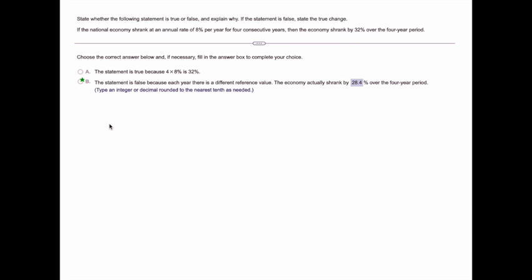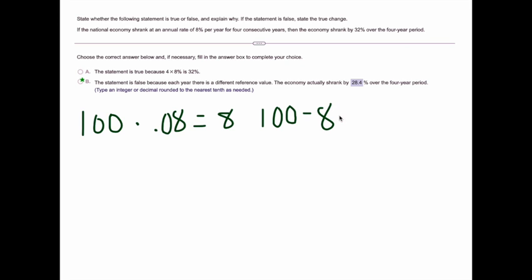Another way that you could have done this, it takes more steps, but sometimes this makes more sense to people. If I start with 100 and I decrease by 8%, that means I'm going to find 8% of 100, which is 8, and then decrease it. So I have 100 minus 8, and that gives me 92.